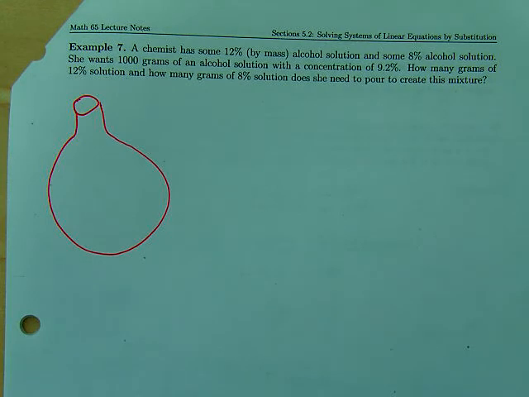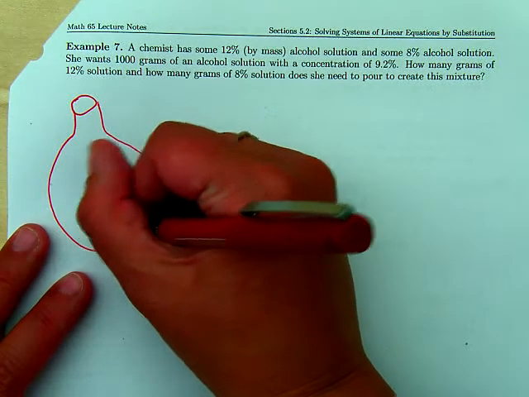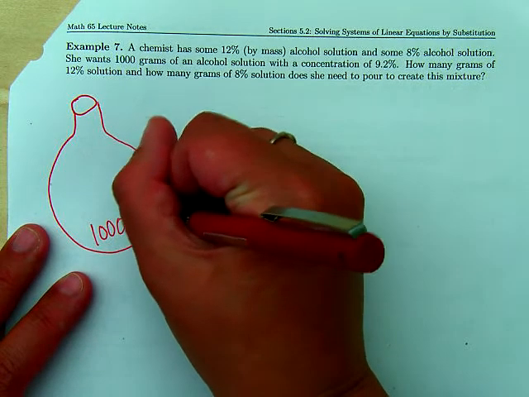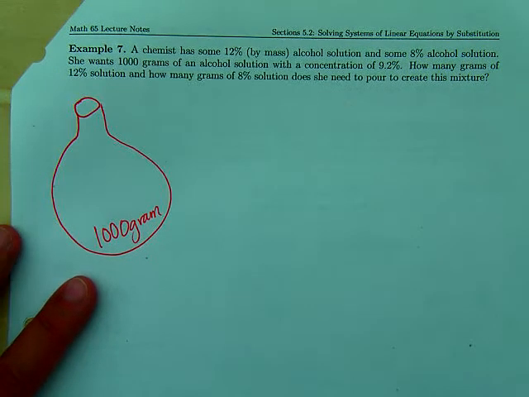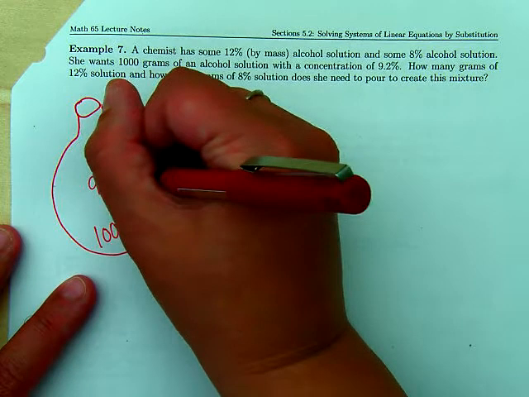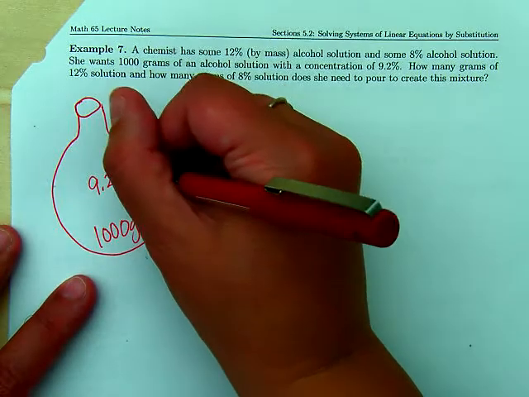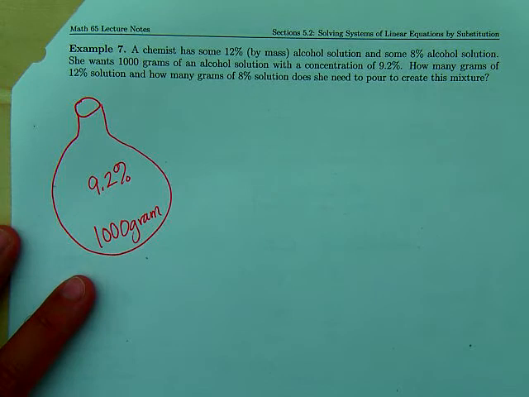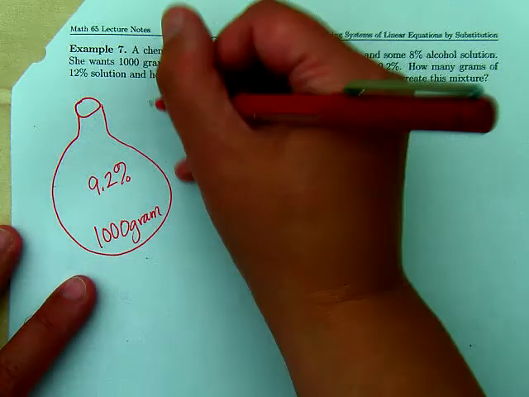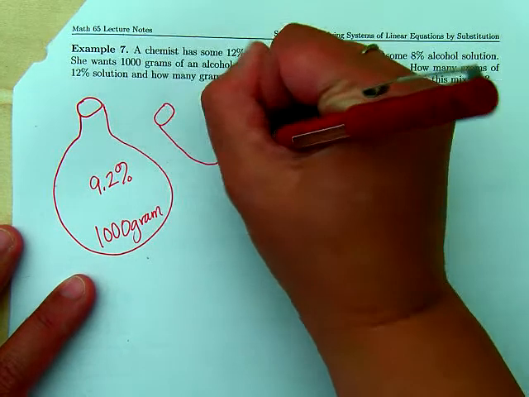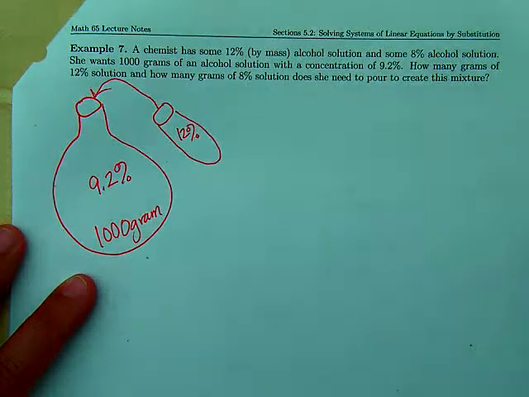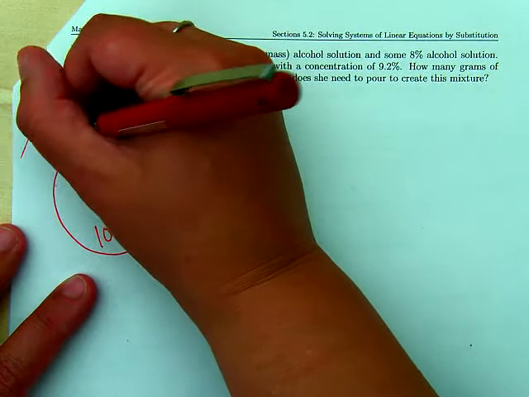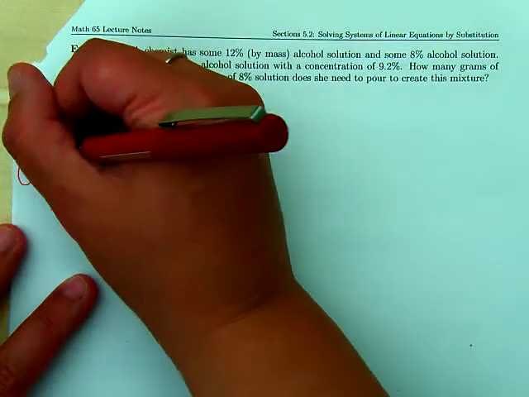She wants a total of 1,000 grams of the solution to have a concentration of, sorry, 9.2%. Yes, 9.2%. Thank you. How many grams of the 12% solution? So essentially I have some solution here that I'm going to pour in here. This is my 12%. And then I have some more solution over here that is my 8%.